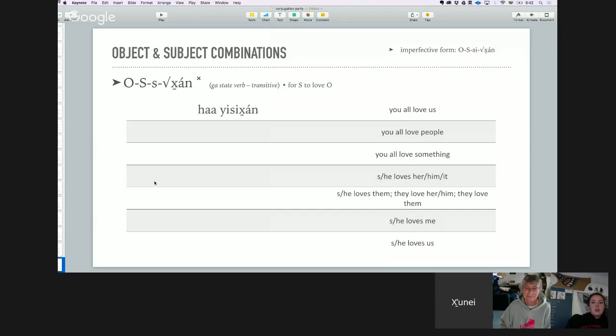Would this be like conjugation? Ku yisechan. That's very close. So ku yi, it makes the yi go long.